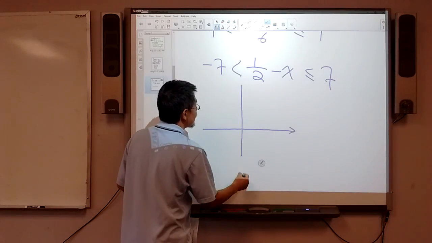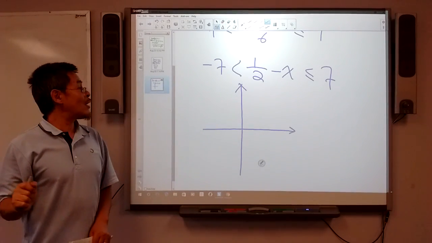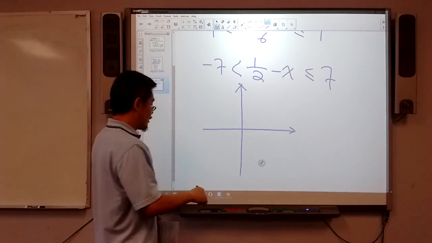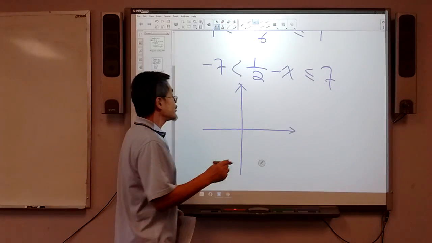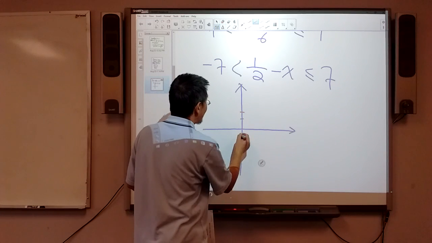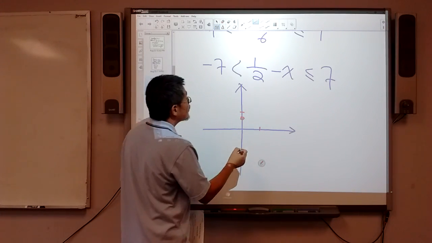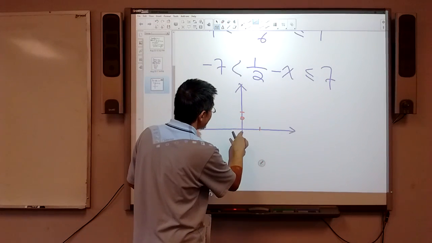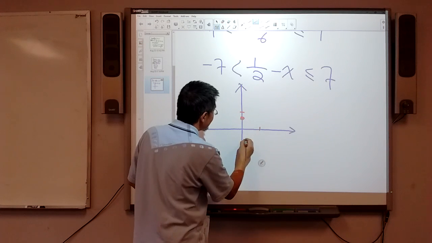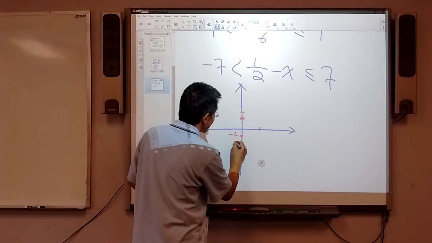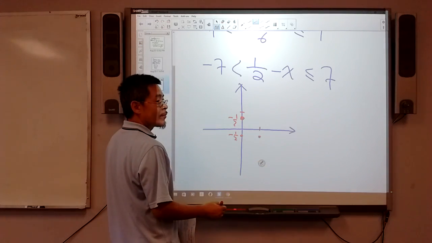So how do we graph this one? Where is our y-intercept? Half, right? So let's say if this is 1, this is half. What's our slope? Negative 1 here. So if this is half, and we move another half, then it will be right here, right?